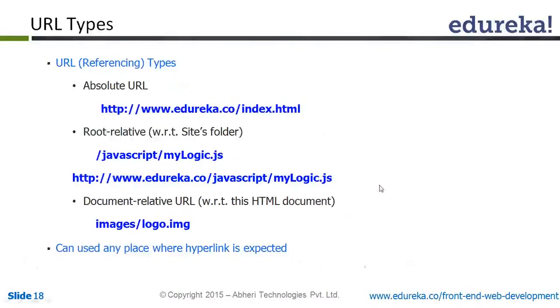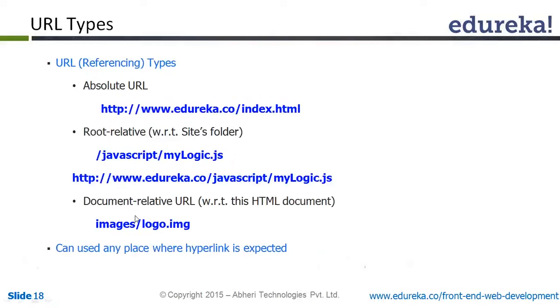So I was talking about absolute URLs: you will see the HTTP here. That's the absolute URL. In the case of a root relative URL, with respect to the site folder, the website will be hosted on a particular directory on the web server. With respect to that folder, if you want to specify any path, you specify it starting with a slash.